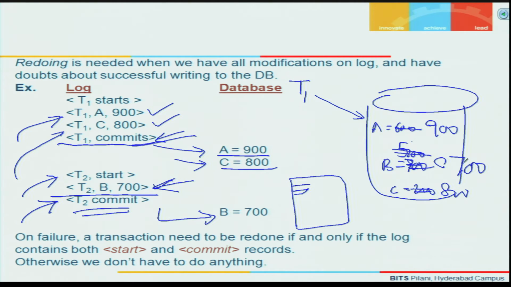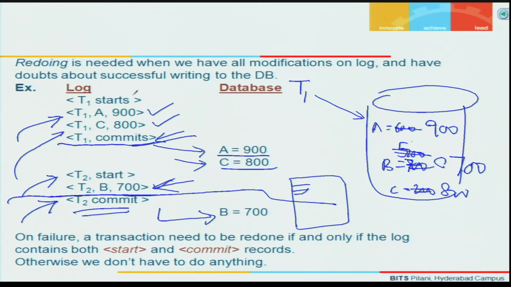On failure, a transaction needs to be redone if and only if the log contains both start and commit records for the transaction. Otherwise we do not have to take any action. Suppose after this much there is a problem.